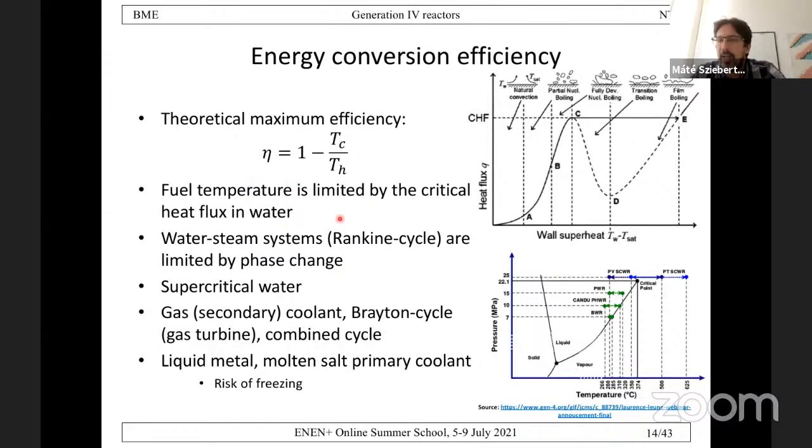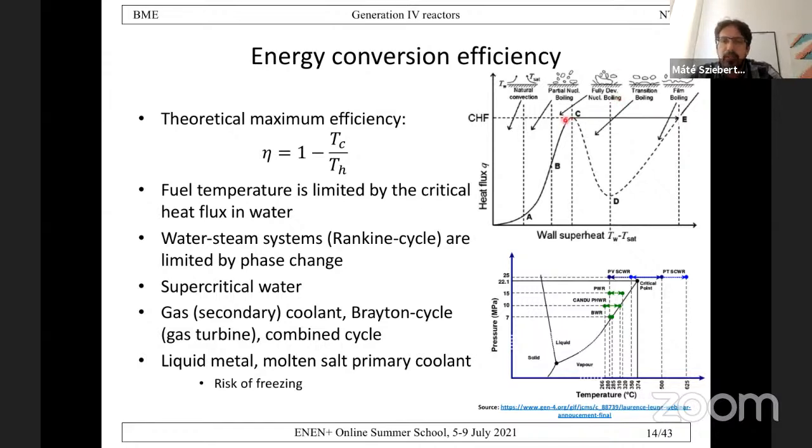coolant, which is a very nice and very available and very practical coolant, but it has a problem with the critical heat flux. So when your heat flux increases, you start to give more and more heat to the water. You know that it starts boiling, then it develops nucleate boiling, so with many bubbles.